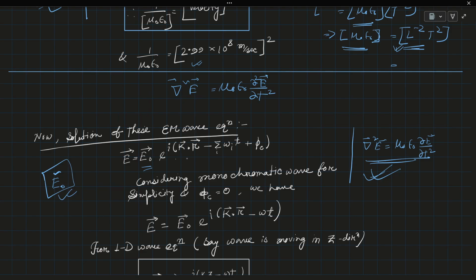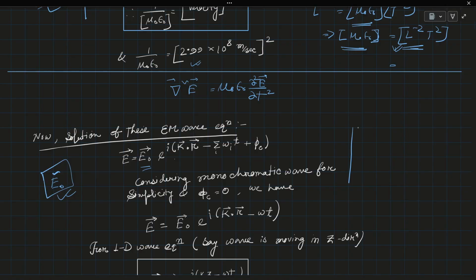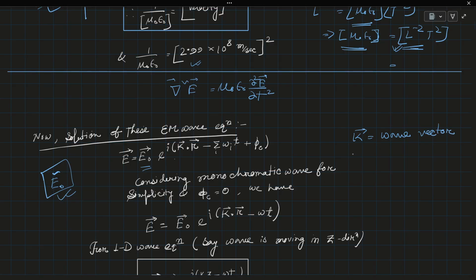And what is k? Let me erase this. K is the wave vector. I hope you know that. Let me write it down here: k equals wave vector.